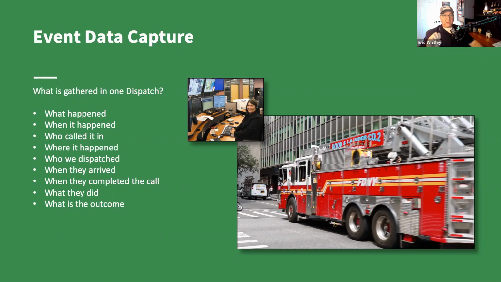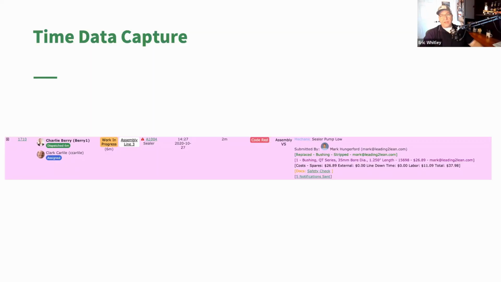So dispatch is the first piece of that, being able to capture that data in real time and then take it and put it into a system to be able to use for your data. We talked about all those things that we capture in a dispatch.